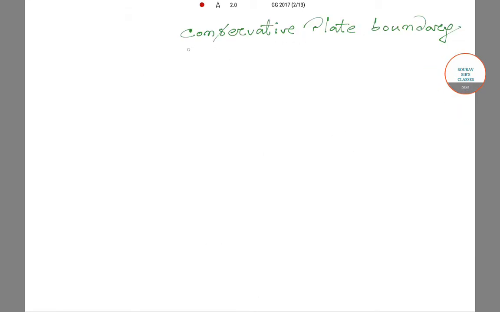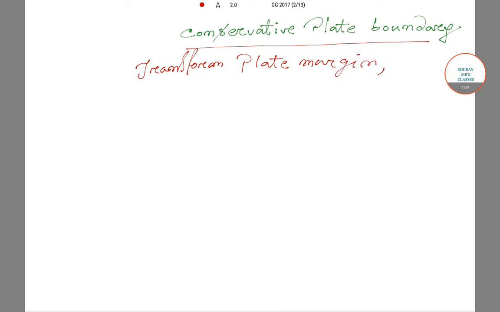So, as we are discussing what a conservative plate boundary is, a conservative plate boundary is sometimes also called a transform plate margin. Why? Because it occurs where plates slide past each other in opposite directions. That means if I draw a picture, it will be a continent, and another will be another continent.